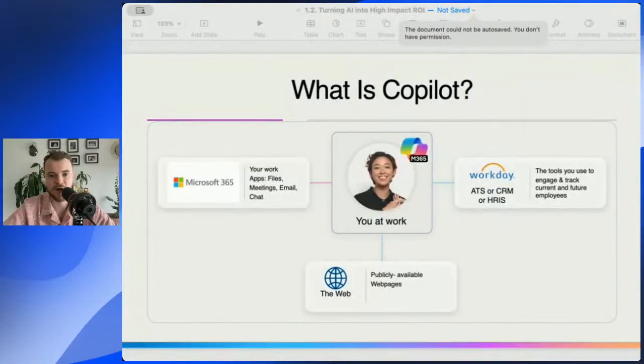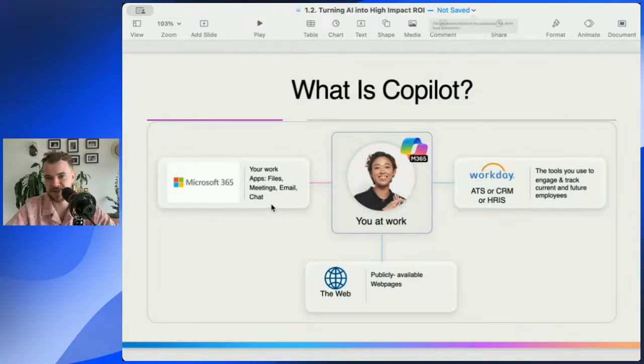Moving on, we're going to talk about how we understand Copilot and what it is deep down. You saw at the start, I talked about how it's an orchestration layer which can connect certain fields, and you see here practically how that looks. So going into your work files, going across to Workday, going across to the web.